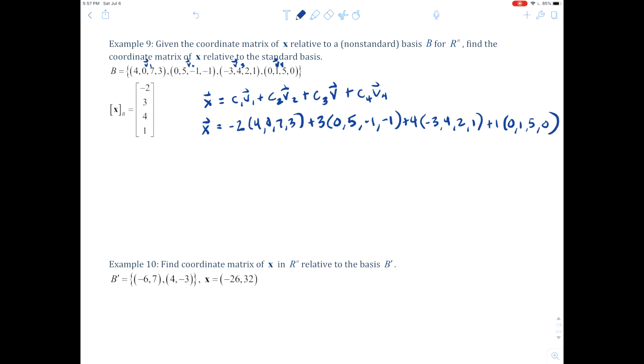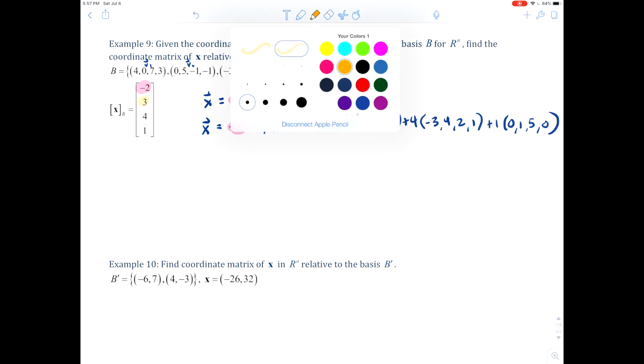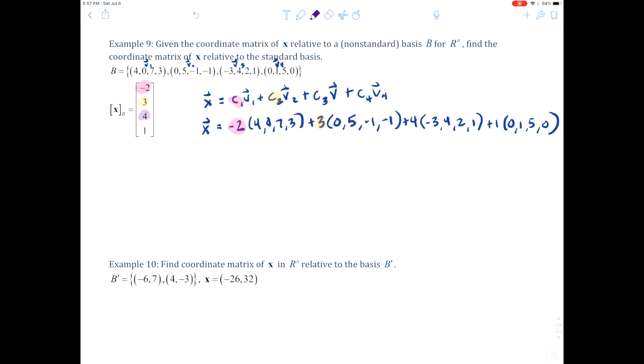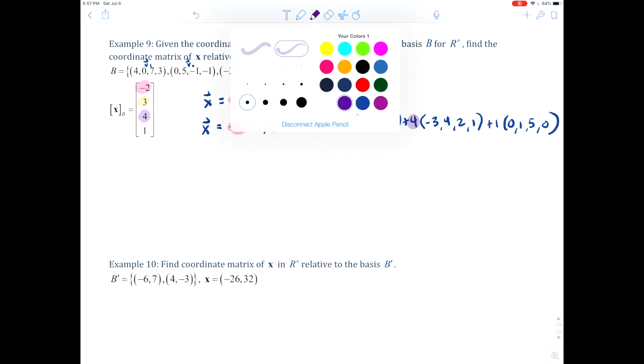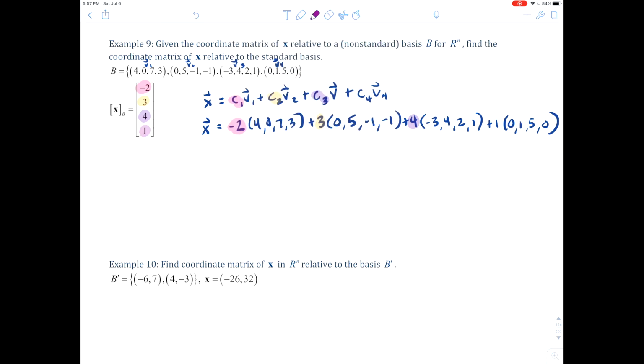So all I did here is c1 was -2, c2 was 3, c3 was 4, and c4 was 1. Cool so far?